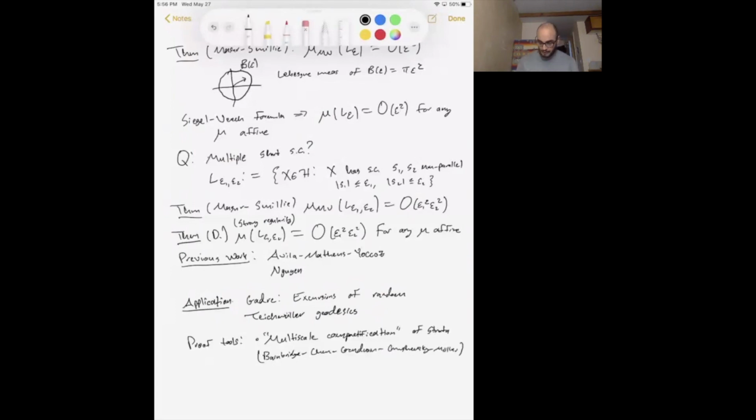That's one key tool, and another key tool is Simion Filip's algebraicity result that says that affine invariant manifolds are in fact algebraic subvarieties of strata. Okay, well, thanks for listening, and if you want to know more, there's a second video about the details. I'll give a sketch of the proof.